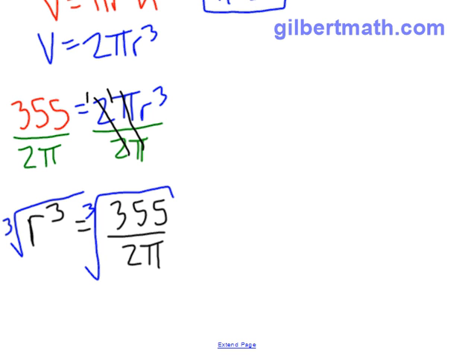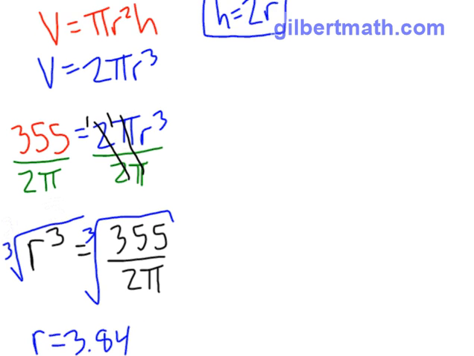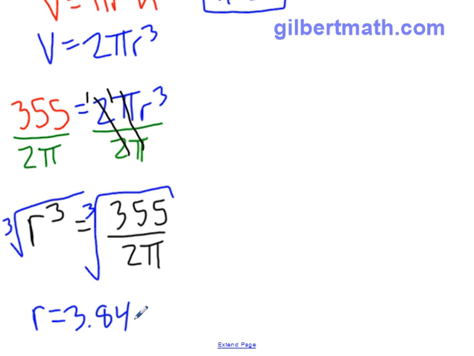And I'm back. The answer I got for r, rounded to 2 decimal places, is r equals 3.84. Now I was working in cubic centimeters, and when I cube root it, my cubic centimeters become regular centimeters. So there's my radius.